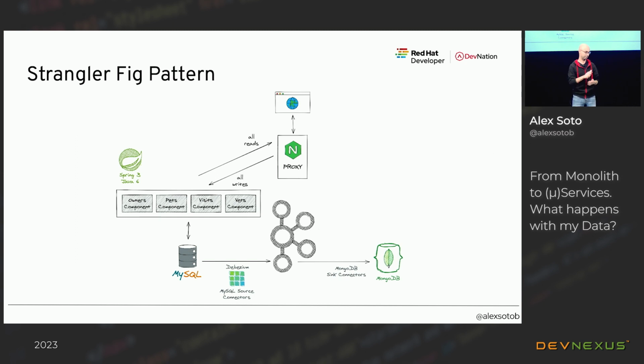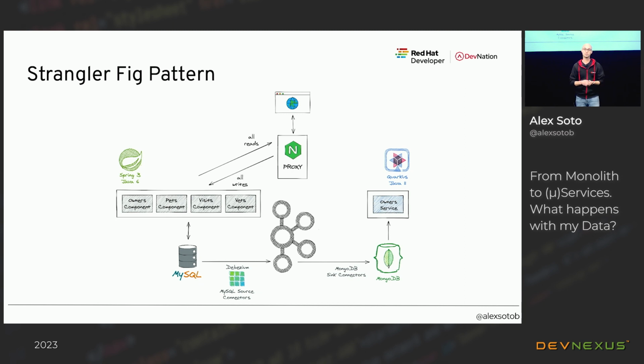This is how you will see in the demo that it works. Then, when we've got this, we can deploy the new service, the owner service, and we connect to the MongoDB. You see, still nothing happens. We are still working with the monolith. It's just that the data is replicated to two systems.